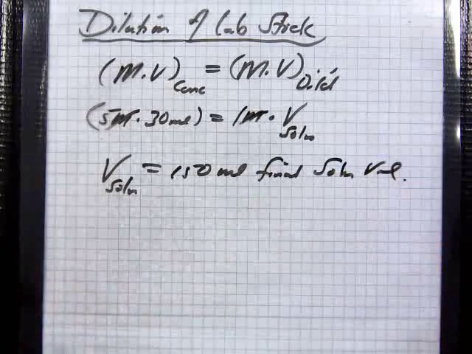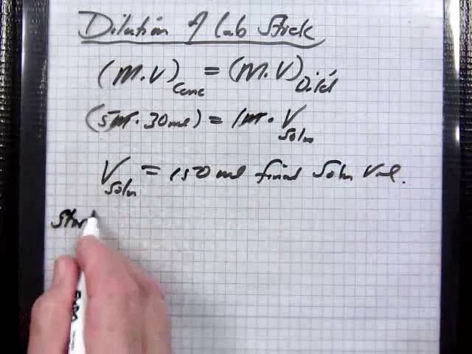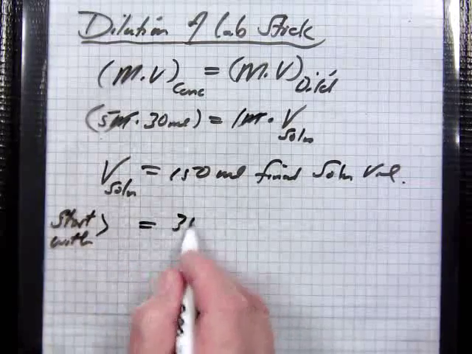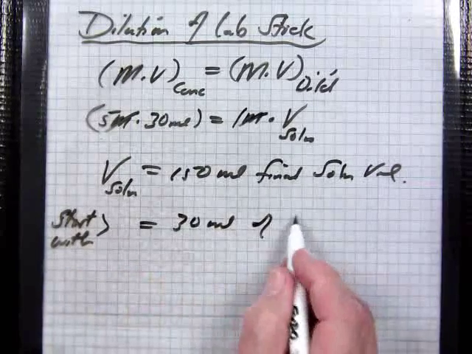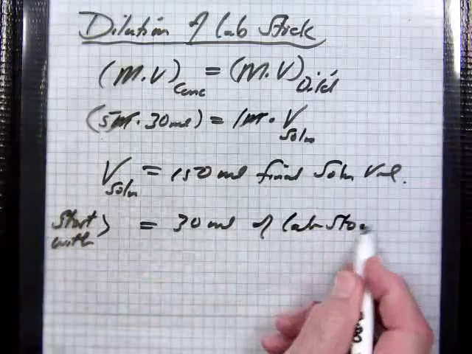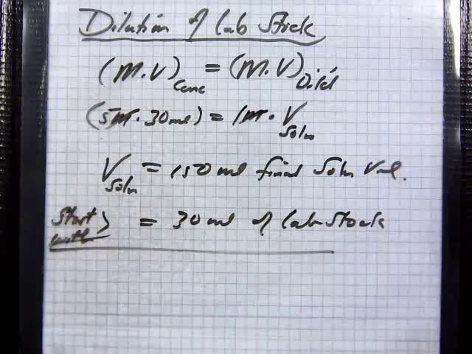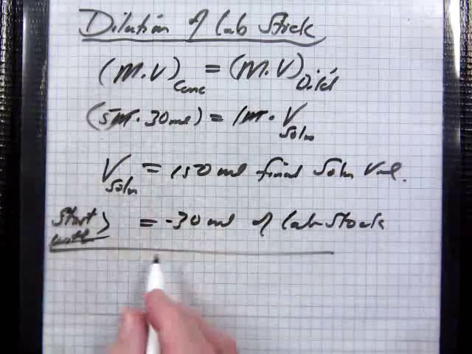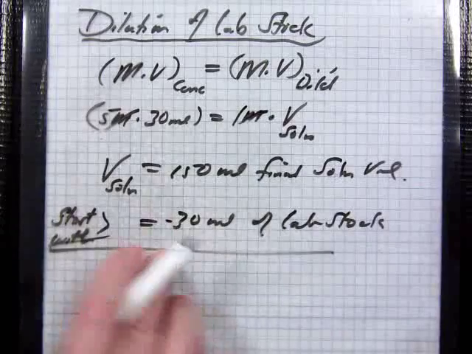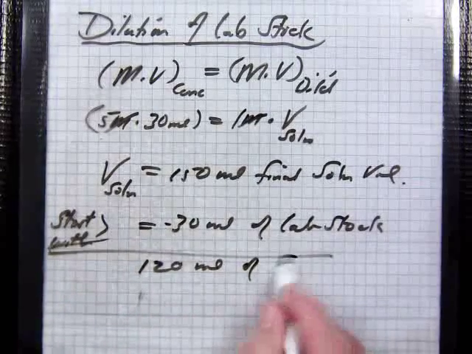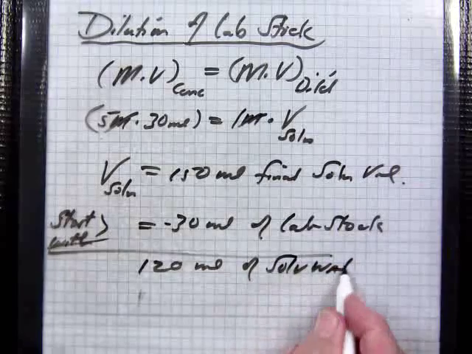However, you start with 30 milliliters of lab stock, which means you subtract that out of the 150, because the 150 represents the final total volume. So if I subtract that off, all I need to add is 120 milliliters of solvent water needed.